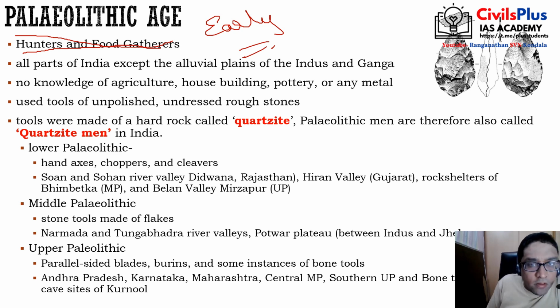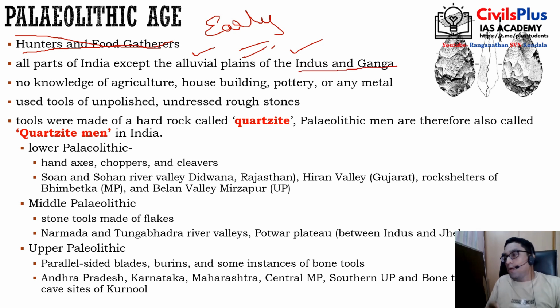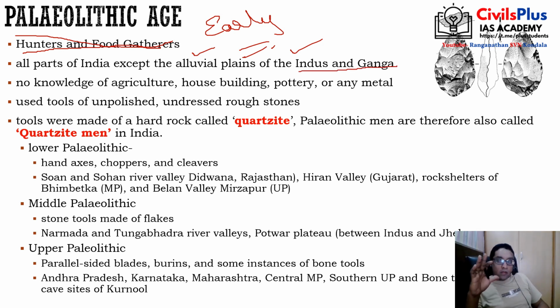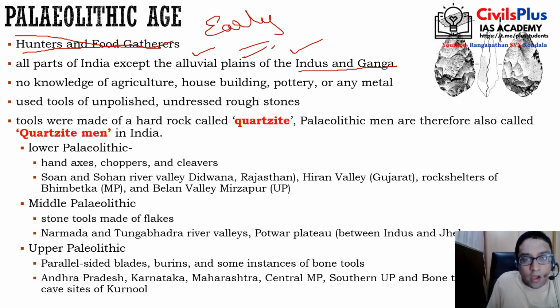You see the Paleolithic era in all parts of India except the alluvial plains of Indus and Ganga. Only in the regions of Indus and Ganga there is no existing Paleolithic culture, but in all others we do have one. The Paleolithic people do not seem to have any knowledge of agriculture, house building, pottery, or metal.